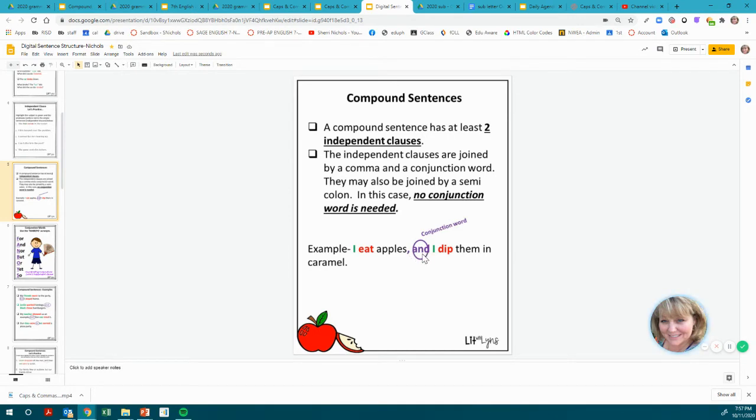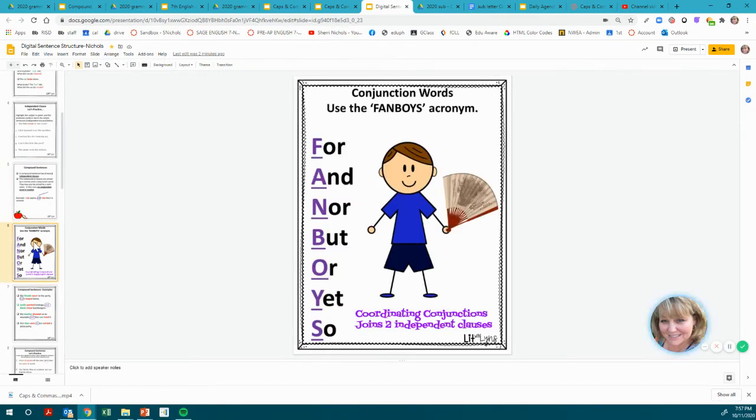But you have to do this correctly. I eat apples, comma, and, making a joining word, I dip them in caramel. So I dip them in caramel has to also be a complete sentence if you're going to join them with what we call a coordinating conjunction.